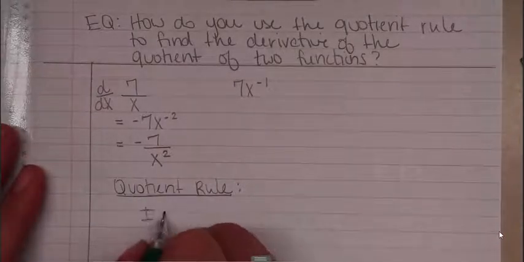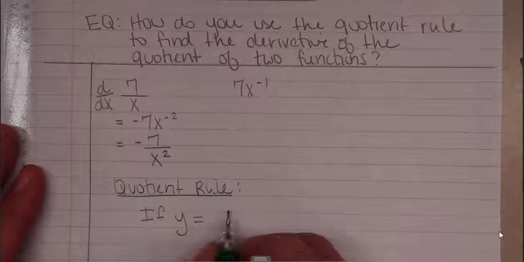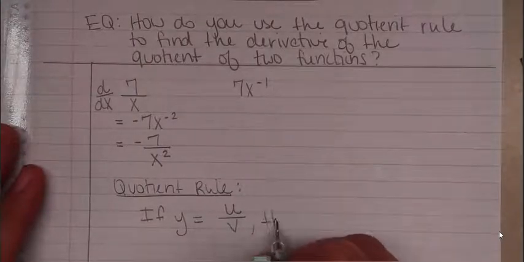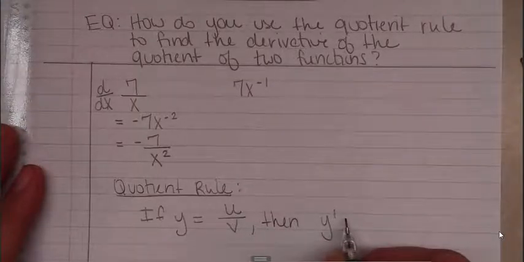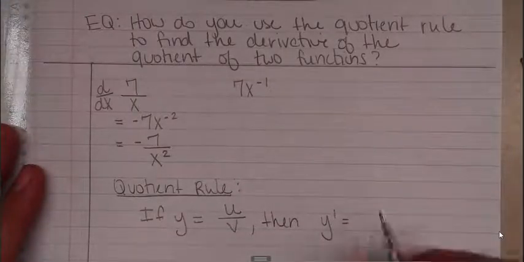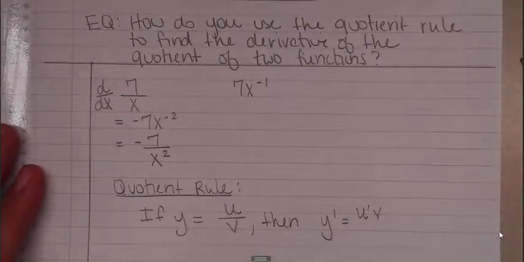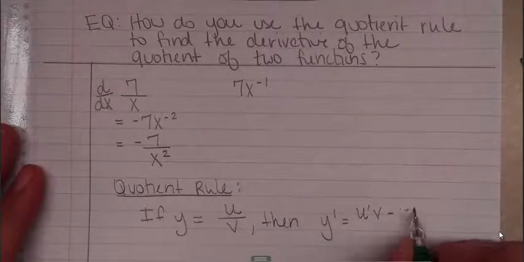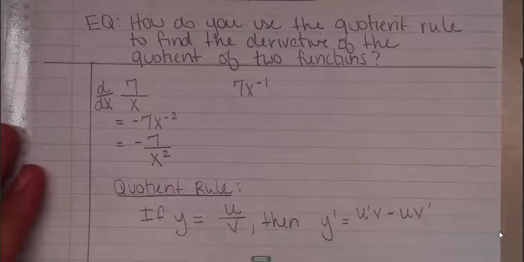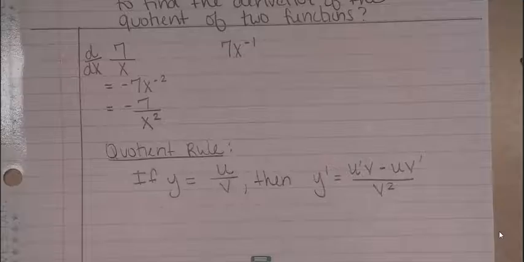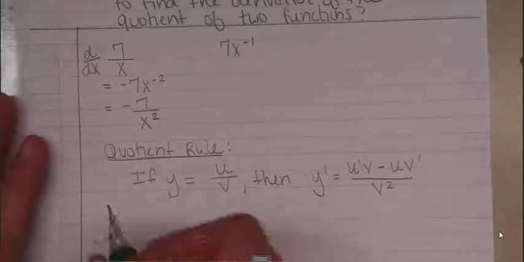Basically it says that if y equals u divided by v, then y prime, the derivative of y, will equal the derivative of u times v minus u times the derivative of v, all over v squared. Just like the product rule, I'm going to write this in words so that you have something you can always say to yourself.